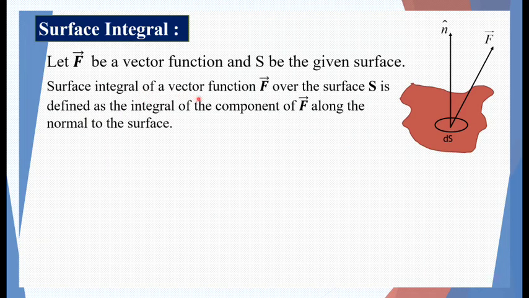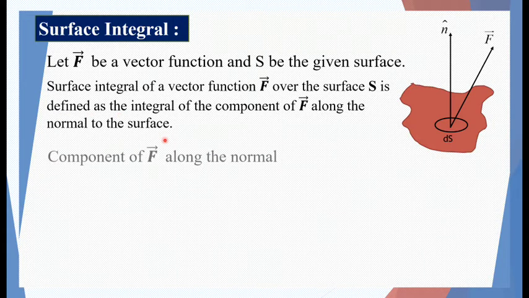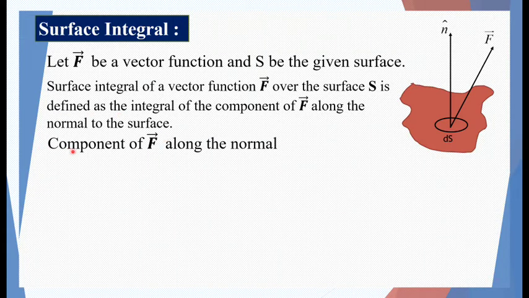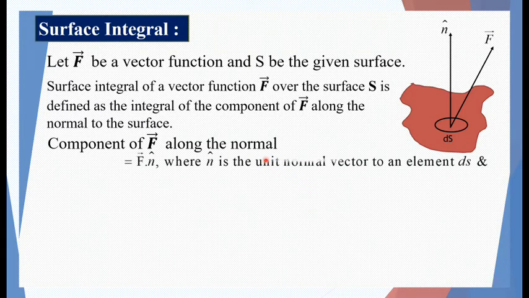So the surface integral of a vector function vector f over the surface capital S is defined as the integral of the component of vector f along the normal to the surface. So we can say the component of vector f along the normal is equal to vector f dot n cap. n cap is the unit normal vector.